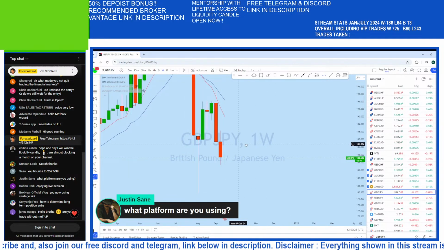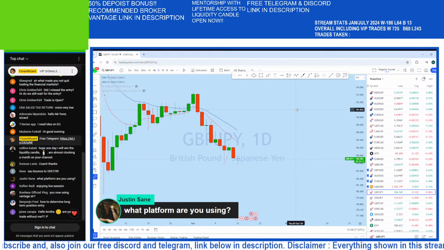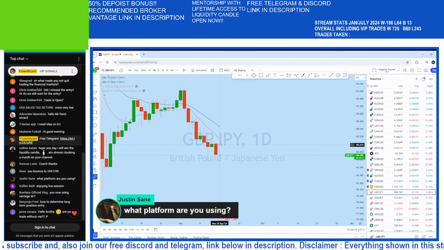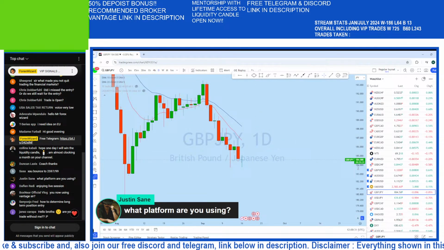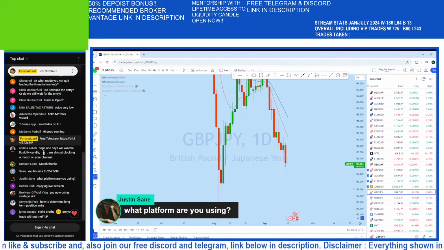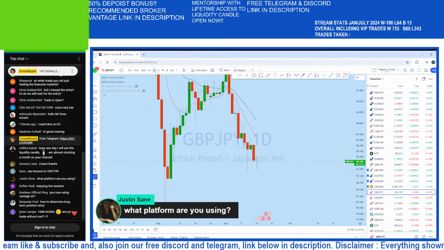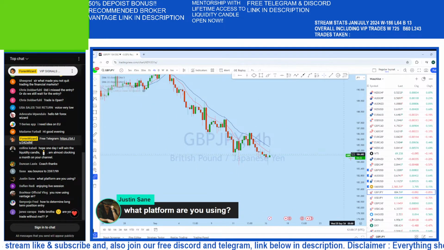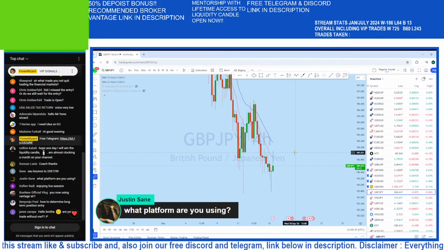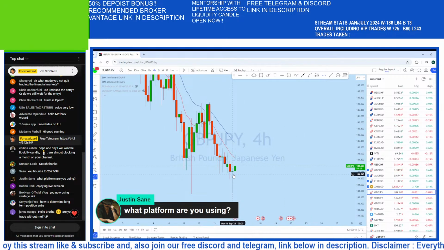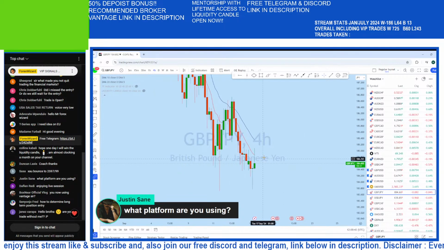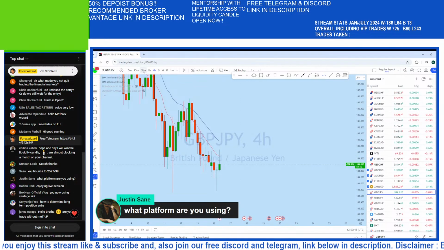From the weekly, we can see a narrow doji. If we look at the daily, this is also a narrow doji formation. From the 4 hour, there is also a doji, and we can see here a long wick candle.